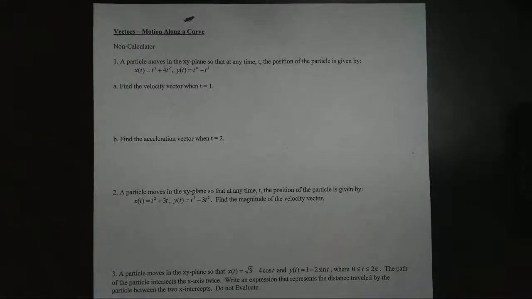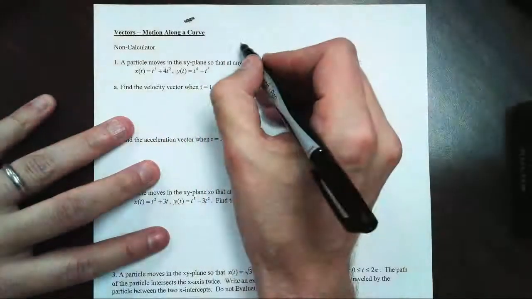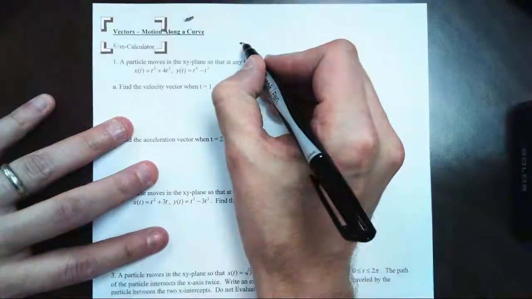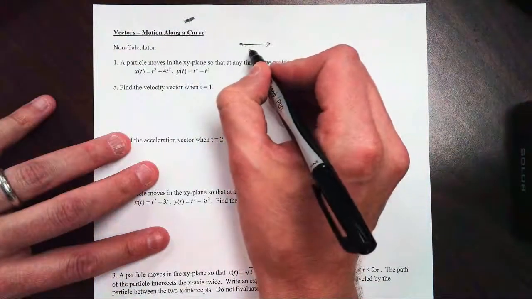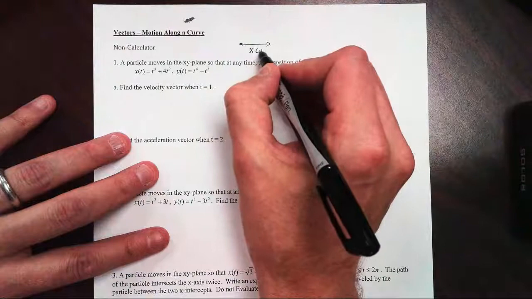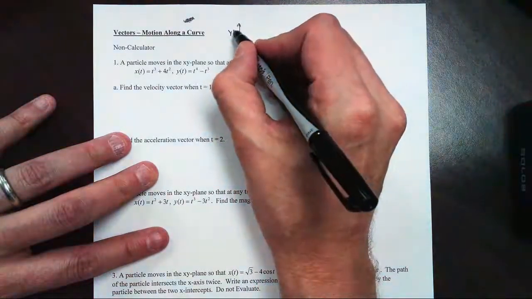So today we're going to look at what we call vectors along a curve. Now vectors are kind of neat because they describe the motion of a particle. What's really unique about vectors is if you imagine we have a particle right here. What a vector does is it takes its horizontal component and makes it different from its vertical component.